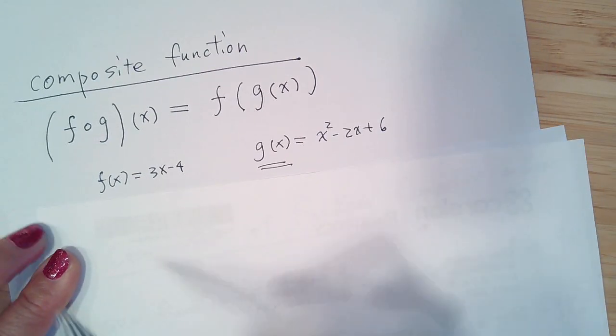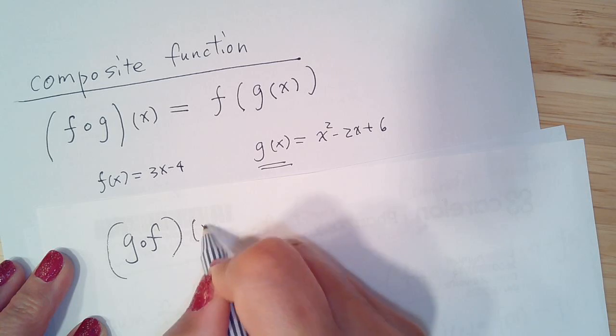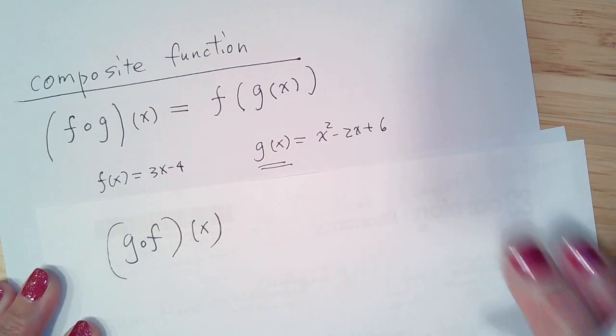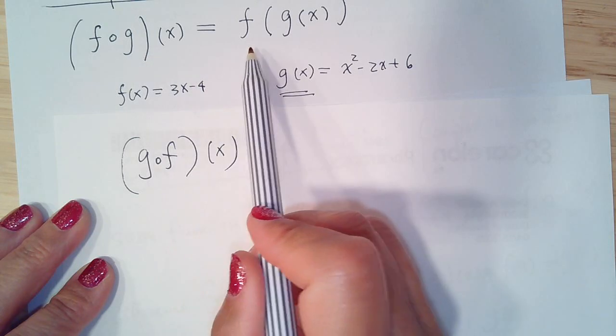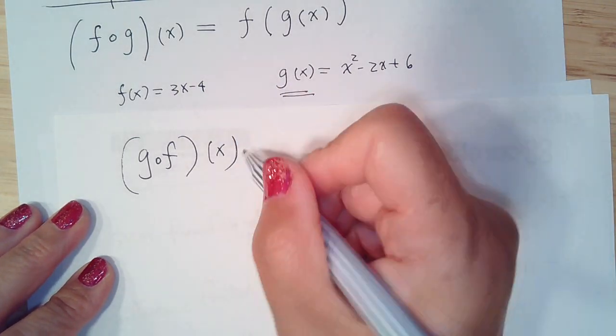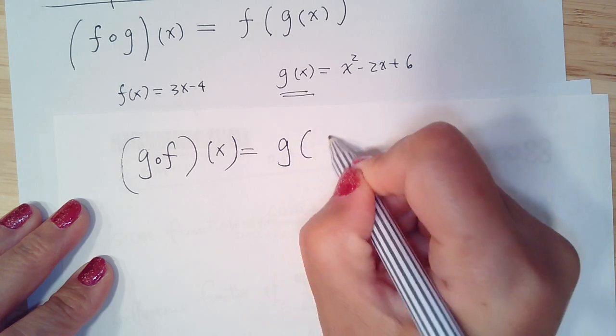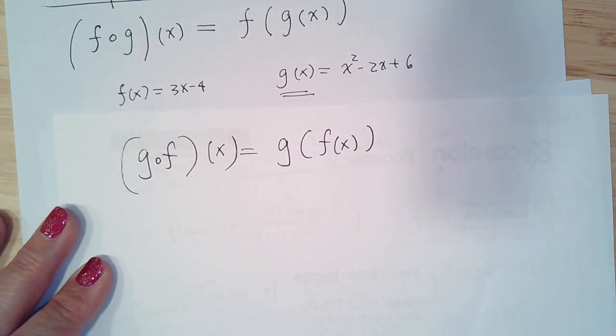Can you give me g of x? g circle f. Can you do that? Okay. f circle g is f of g of x. g circle f is g of f of x, like that. Again, we substitute this first.